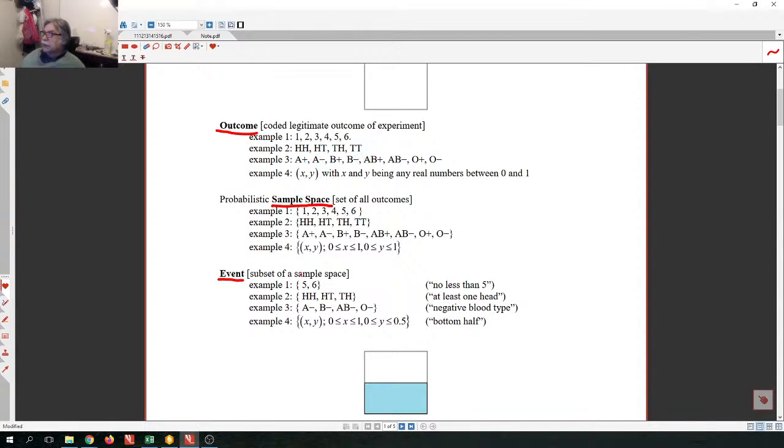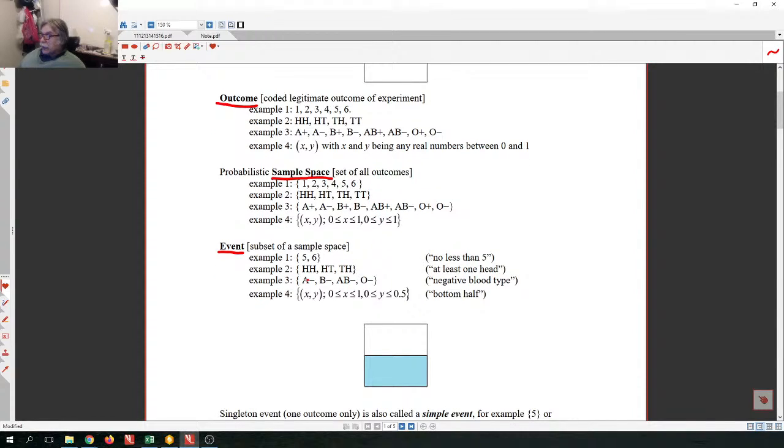So it could be anything that contains no outcome at all, that would be an empty event, or the whole sample space. That would be all of that, right? That is also an event. So the sample space itself is an event. Negative blood type, for example, in my third example, that would be A negative, B negative, AB negative, O negative.